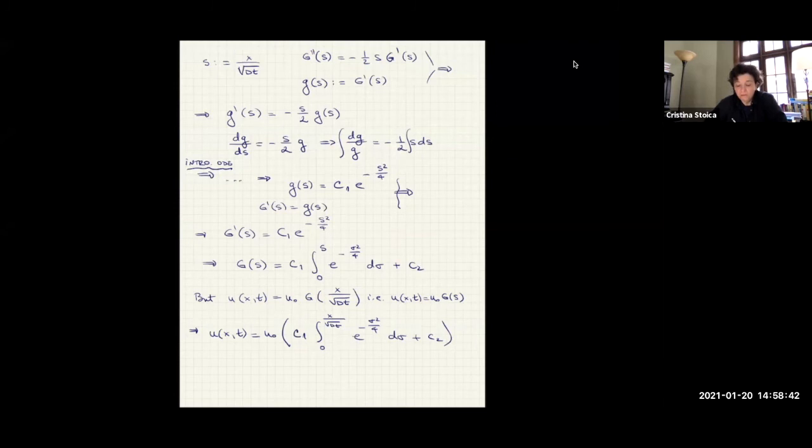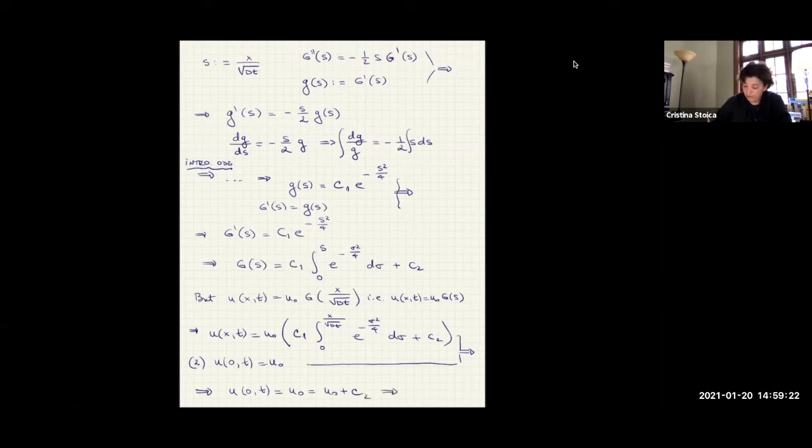Okay. So now I remember the initial condition. We had that u at 0 and t is u naught. So when I'm putting them together, here, this one and this one, it gives me that u at 0 and t, which has to be u naught, is also u naught plus C2, actually.